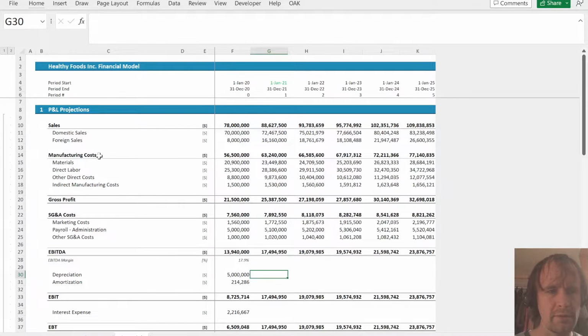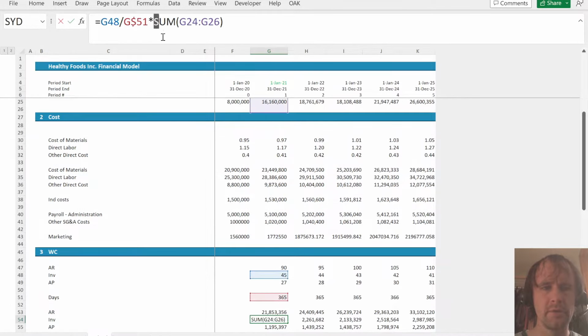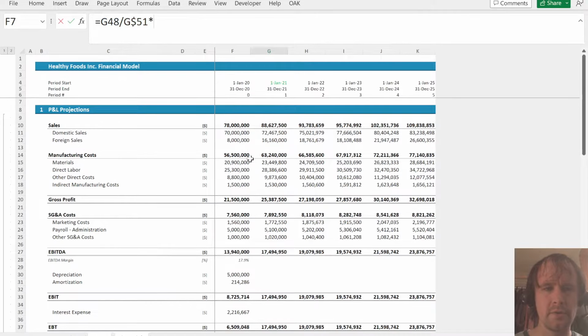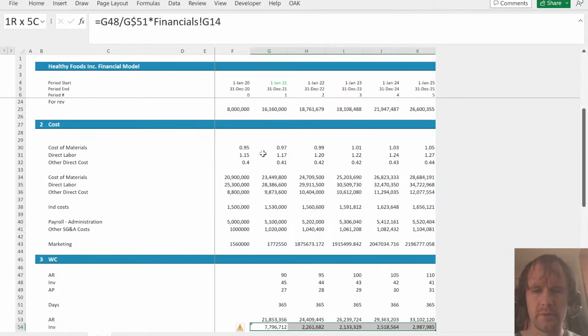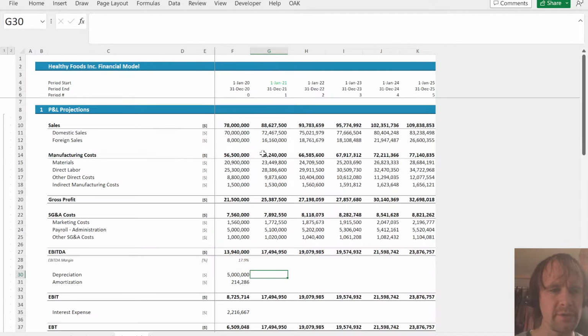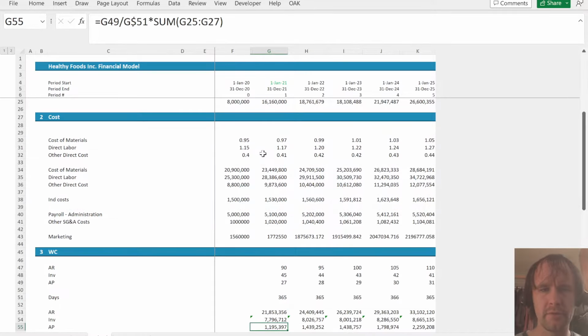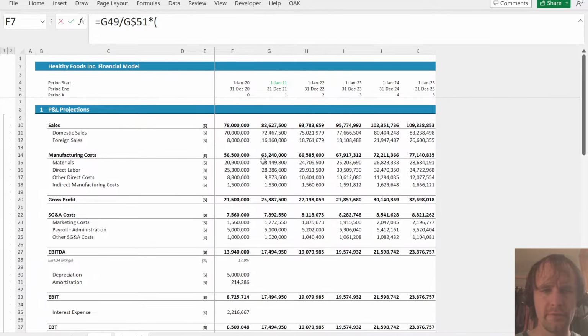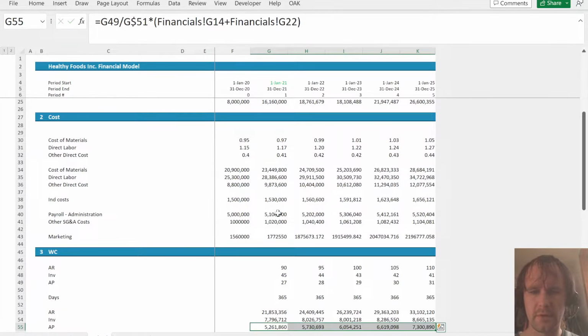What are your total manufacturing? Okay, so that's 4. Fine. So we'll just reference it over to here. 21, carry across. And then accounts payable is based on total manufacturing and SG&A costs. Fine. So it's just this times manufacturing costs for the year plus SG&A costs for the year. Carry across. Okay.